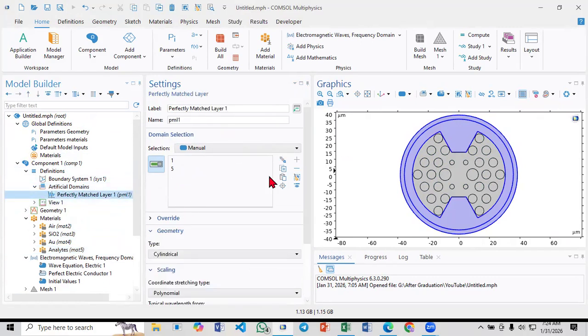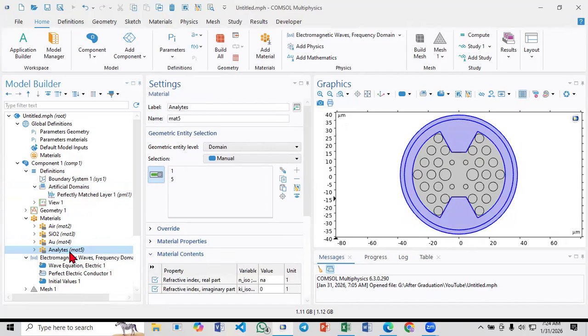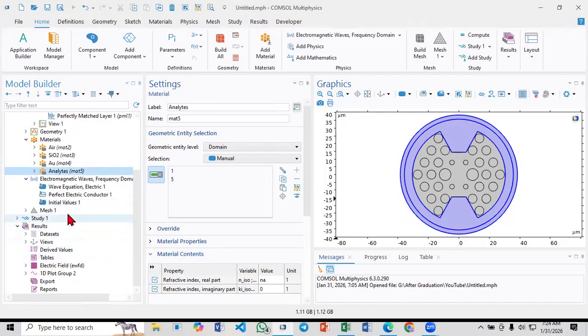Here you can see that we selected light as a perfect image layer, but this is not the perfect image layer. This is actually the perfect image layer. This is the analyte. Okay, so we made a mistake there.